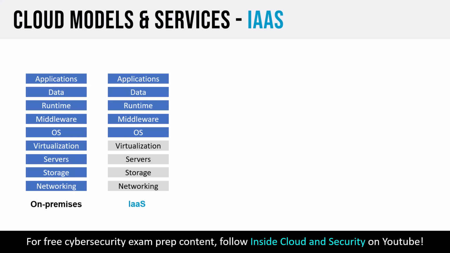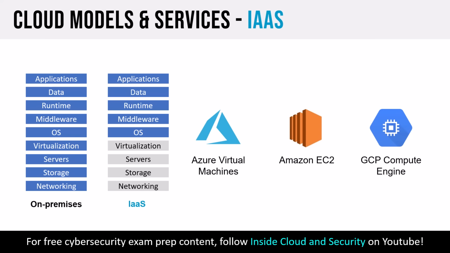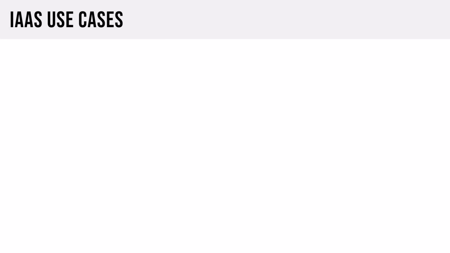In Azure, that is Azure Virtual Machines. If you're familiar with Amazon or Google Cloud Platform, they have EC2 and Compute Engine, respectively. But Azure Virtual Machines will be your focus for this exam. And you'll also need to know the common IaaS use cases: when to use virtual machines.